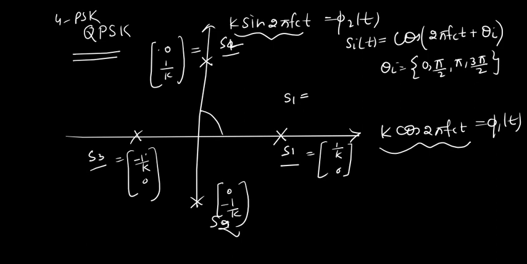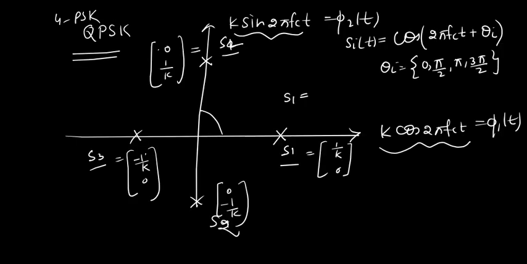So, now if you increase the number of points from 4 to 6 or 8, sorry, what would happen? 8-PSK. Now, you have 8-PSK. क्या होगा? Now, you have to divide your whole 2π for the 8 points, right? Abhishek?